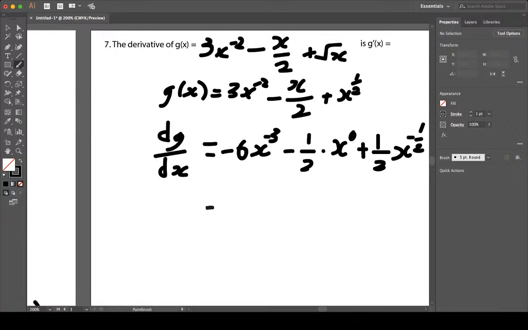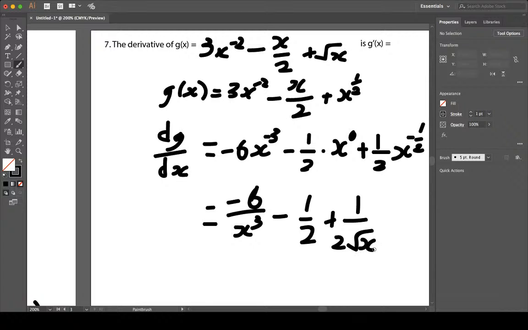This would equal to, let's just go ahead and write this guy in, minus 6 over x cubed. Because this guy here is a negative, so we put it down there. And then x to the power of 0, that's 1, so we can just write it as minus half plus half of square root of x.